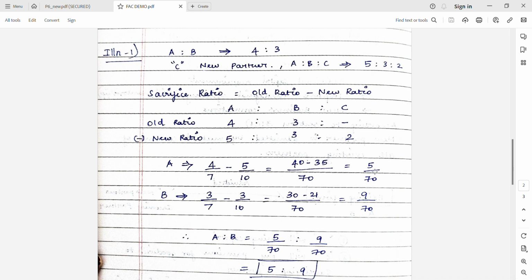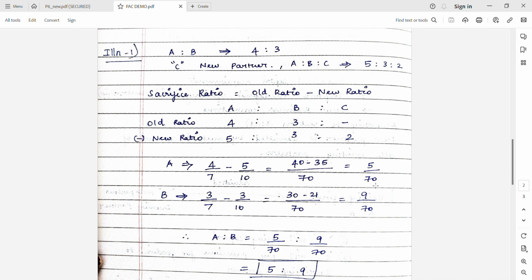So 5/70 will be the sacrificing ratio of A. Next for B, the same procedure as A: 3/7 minus 3/10. By taking the LCM as common denominator, we get 30 minus 21 divided by 70, which gives 9/70.